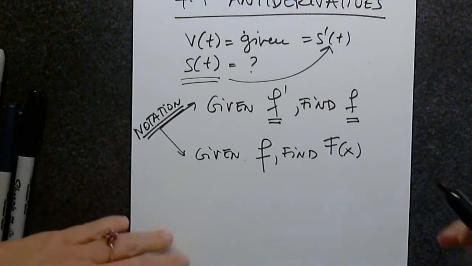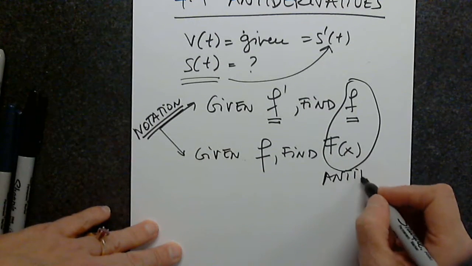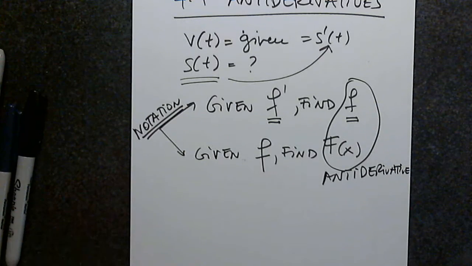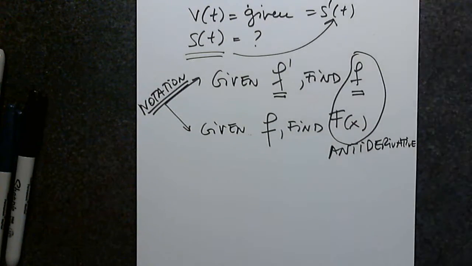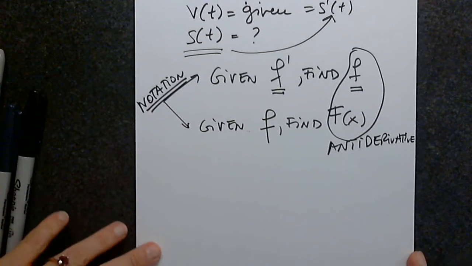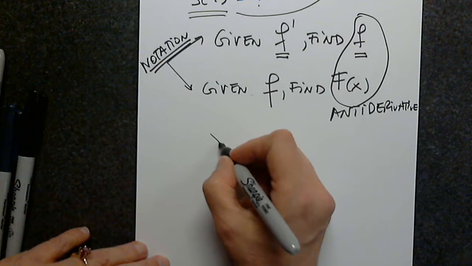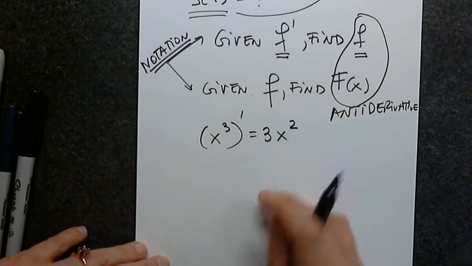In both cases, these are called antiderivatives. They are both the antiderivative. However, the notation is important. Okay, so now let's look at the power rule for a moment. If you remember, when we differentiated x to the third, we got 3 times x squared. Agreed?